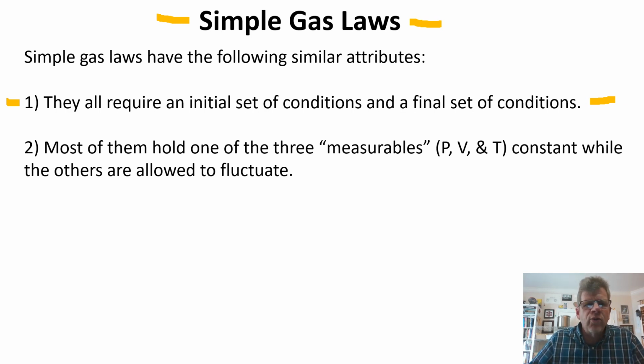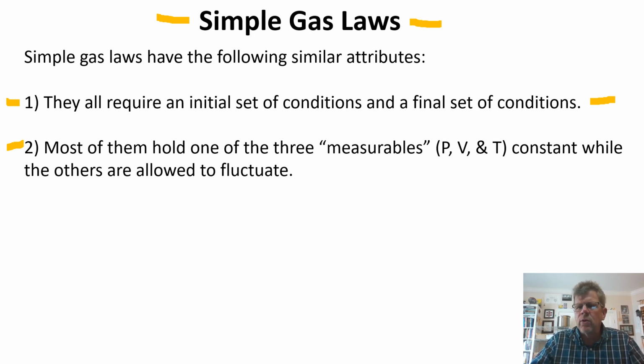Now, in most of our simple gas laws, most of them hold at least one of our three measurables constant, while the others are allowed to fluctuate. So for instance, temperature being held constant while pressure and volume fluctuate, or pressure being held constant when volume and temperature fluctuate.